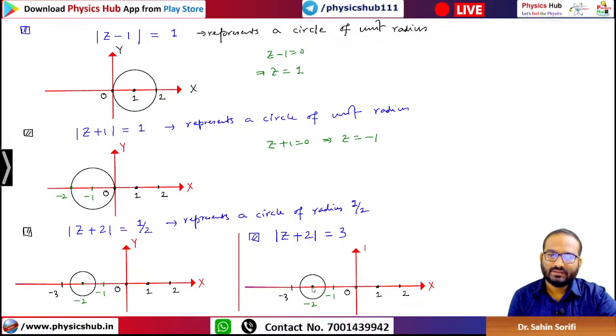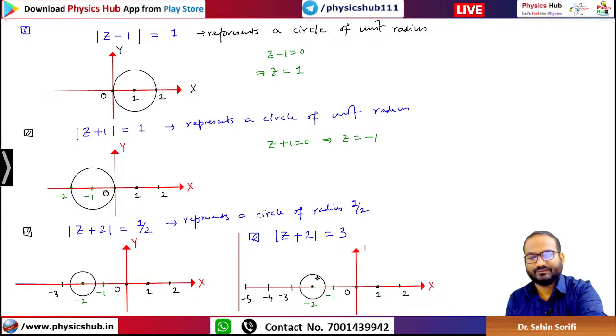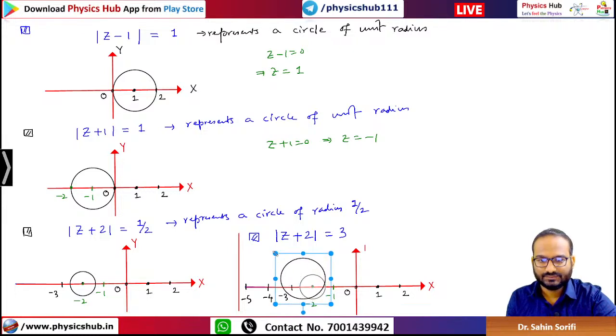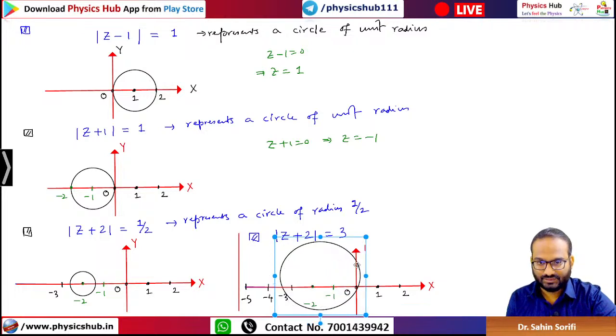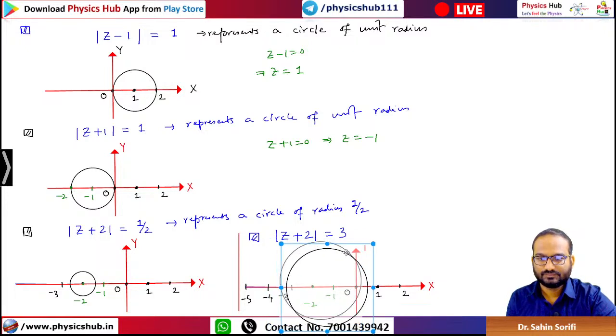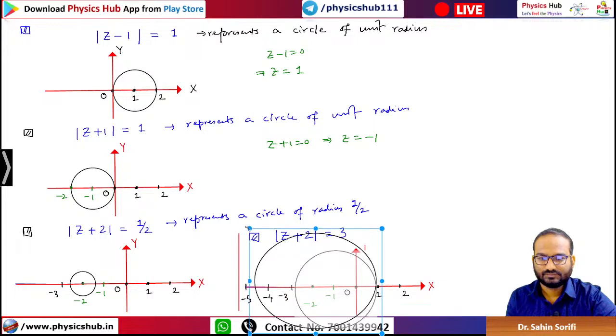So the center will be around z equals to -2, but the radius, you can see, is 3 units. So -3, -4, let's say this is -5. So this will become bigger. It will be centered at z equals to -2, but it will go up to z equals to +1.